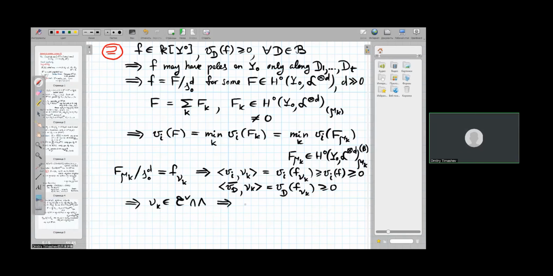This means that nu k can be represented as a sum of the following form: d1 lambda 1 plus etc. plus dn lambda n, where all these dj's are non-negative integers.